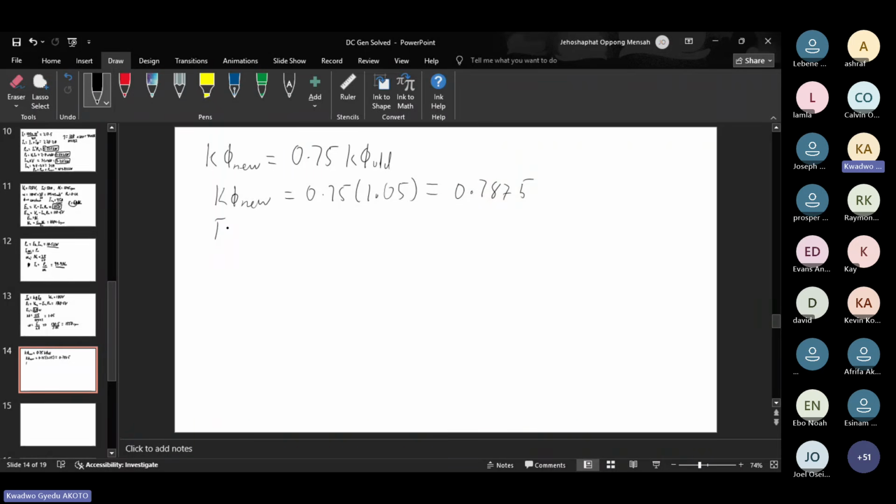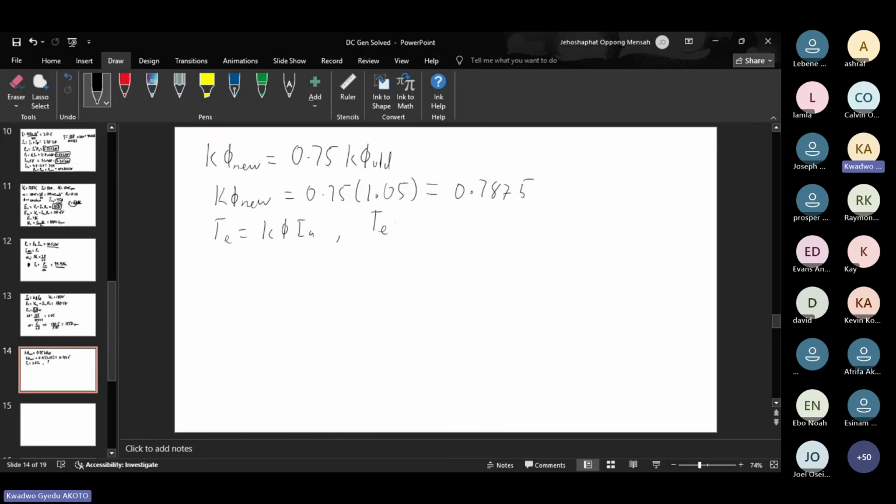And we know that torque TE is equal to K phi IA, right? And we know that our torque is constant. Our phi has changed. So for this same torque of 99.9, what is our IA going to be, right?